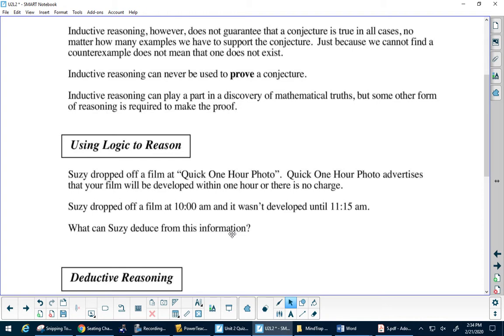That it must be free. She is not going to get charged. Okay? So, the deduction, we say, from deductive reasoning is that Susie's film will be developed free of charge.